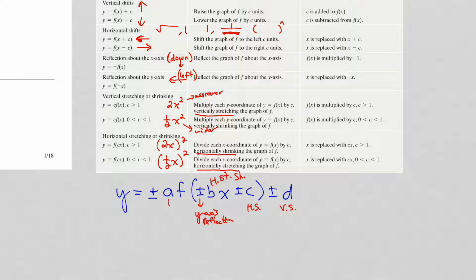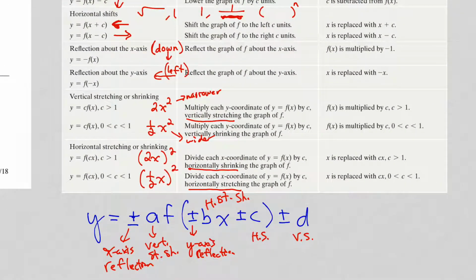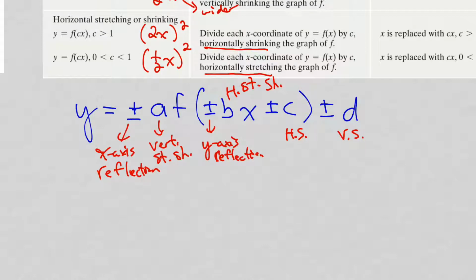Here we have our vertical stretch or shrink, and then here we have our x-axis reflection, or reflecting it down or up depending on where you are. Okay, so that's what all this big old chart is saying. It is all summarized. This is the actual positions.